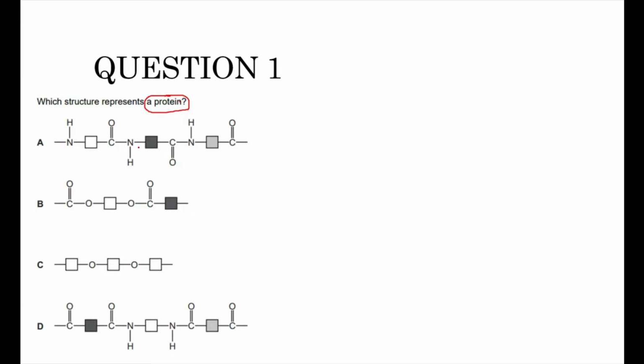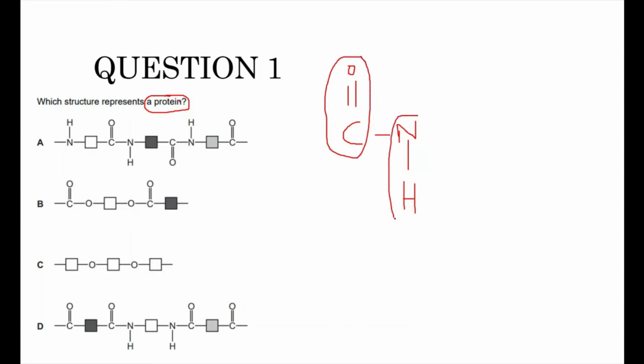Now remember, a protein has this group CONH, right? Remember, this CO is from carboxylic acid and this NH is from amine.